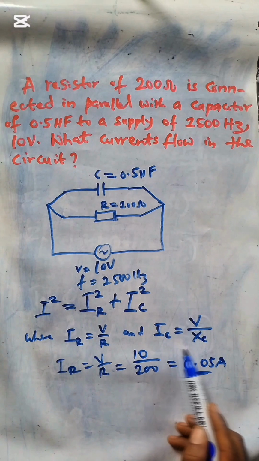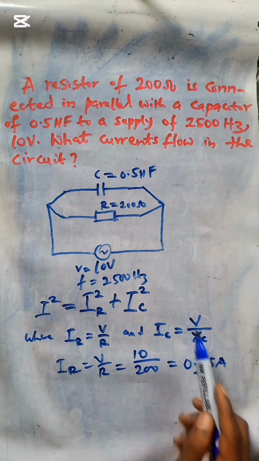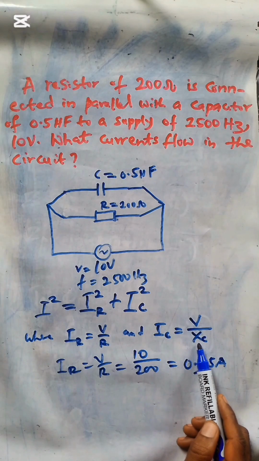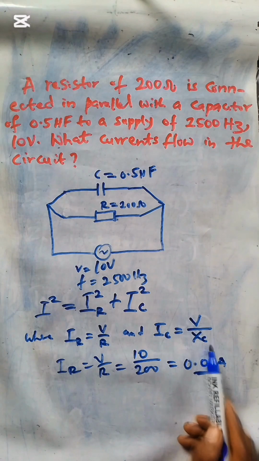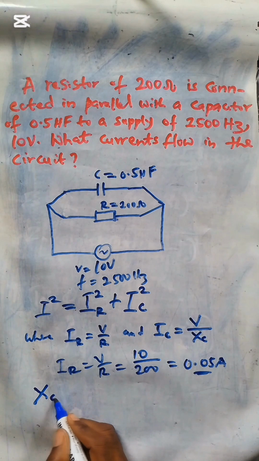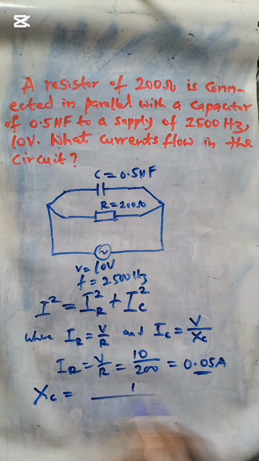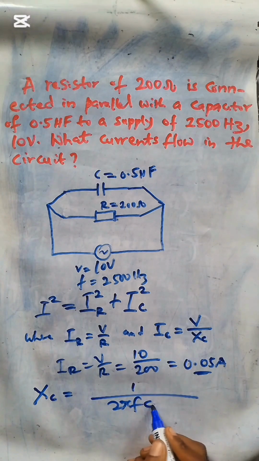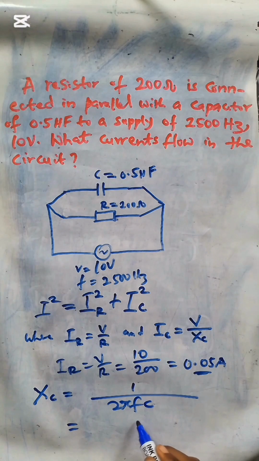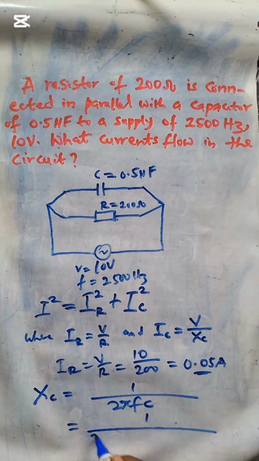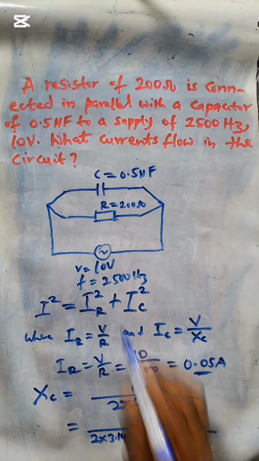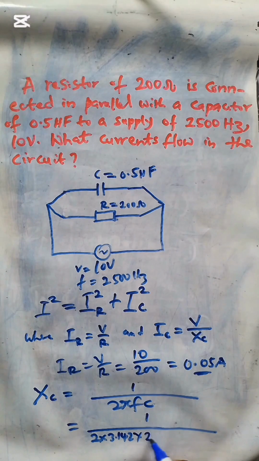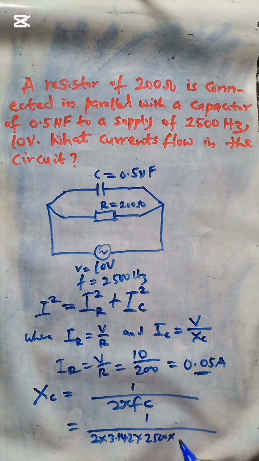Now for us to know the current flowing through the capacitor, since we know our voltage, we must know our capacitive reactance. So let's look for the capacitive reactance first. Our capacitive reactance will be 1 over 2 pi F C. So that is 1 over 2 multiplied by 3.142, multiplied by our frequency 2500, multiplied by our capacitance 0.5.